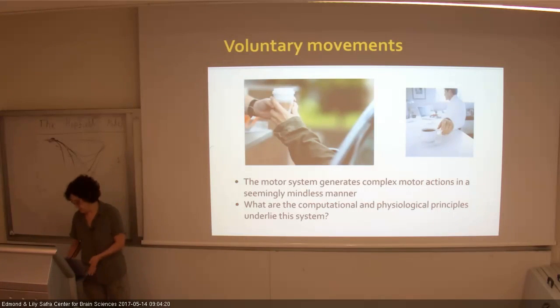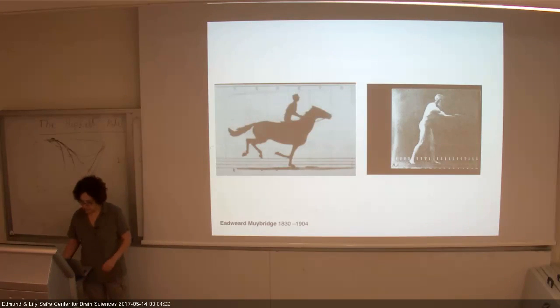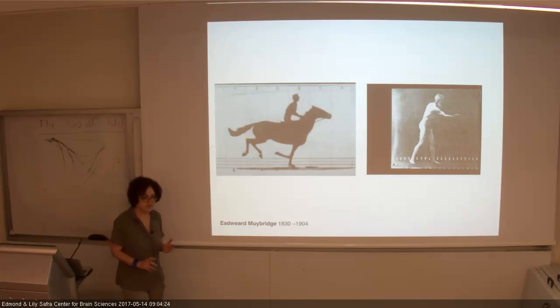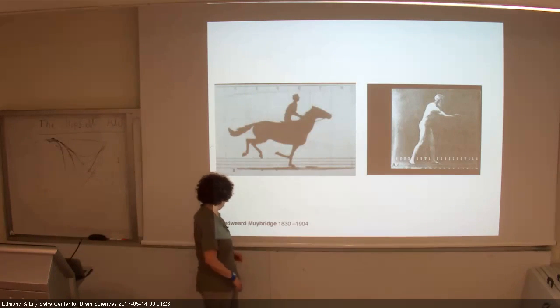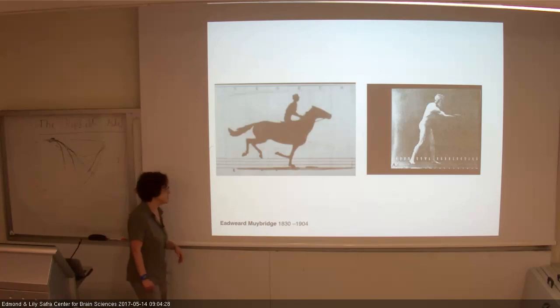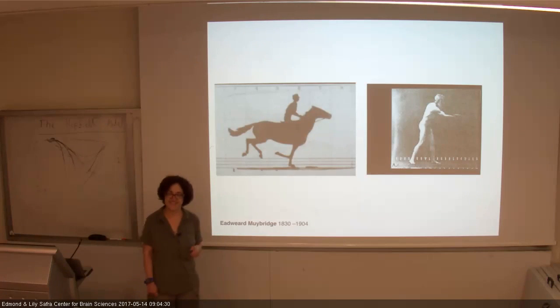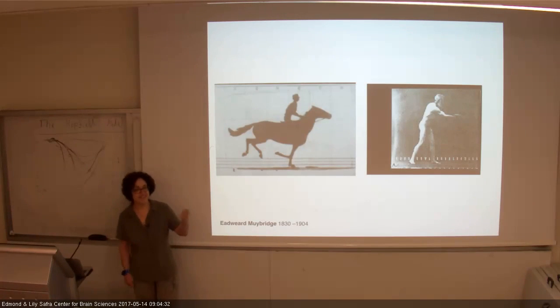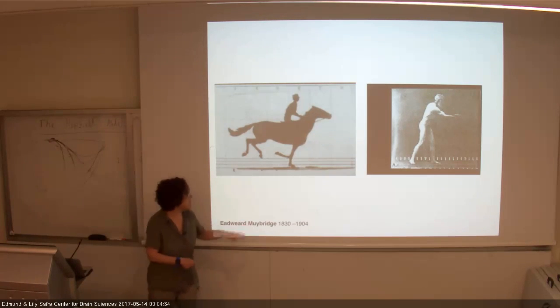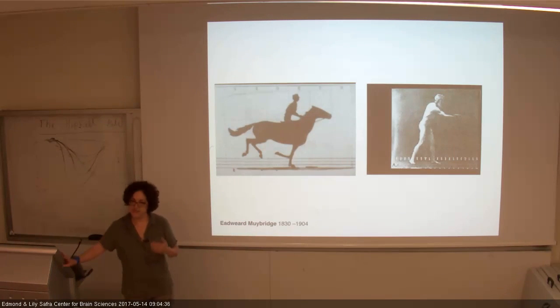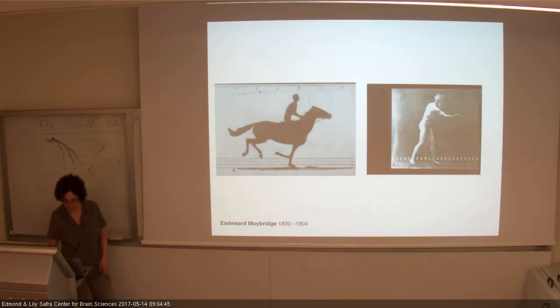But still, there's an ongoing debate about the computational and physiological principles that actually govern this performance. So in the past, people thought, okay, so this is taken from the work of Edward Muybridge. Muybridge actually was a photographer who thought that you can study motor actions just by observing the movement on a single-frame basis.